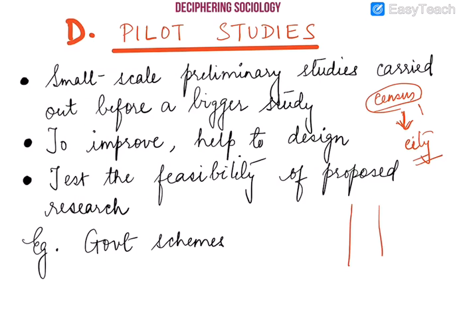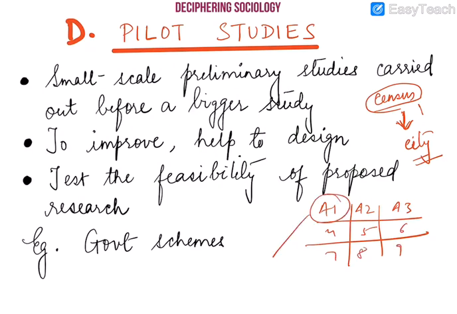She might decide that no, I will divide the city into, let's say, various areas, A1, A2, A3. Now in area 1, she will again divide it into certain localities. And what is she going to do? She will choose one locality from those localities and she will conduct the studies.